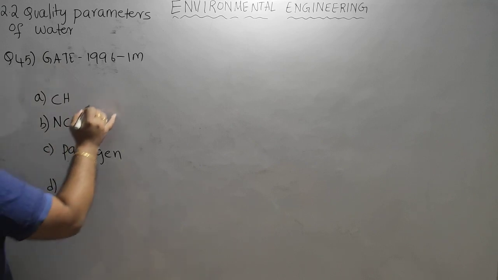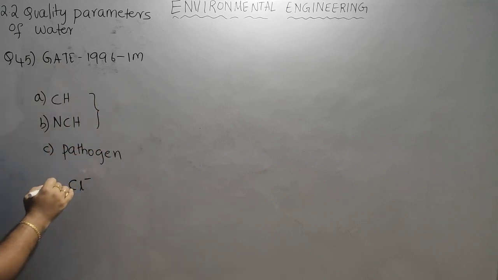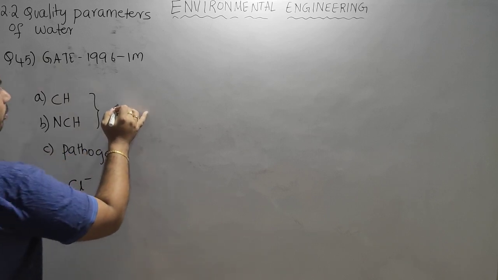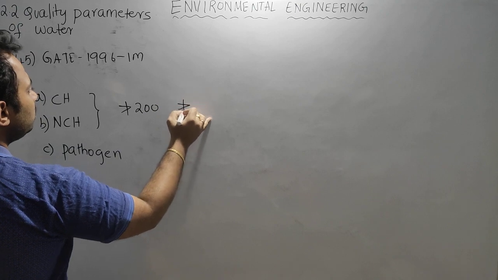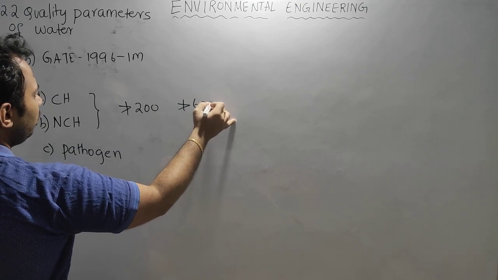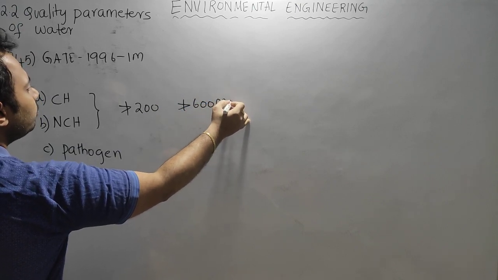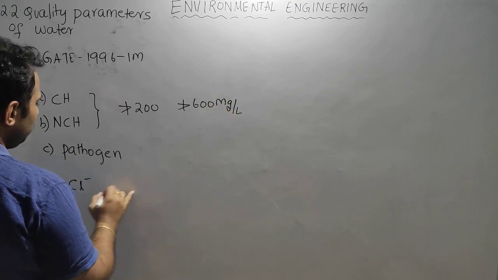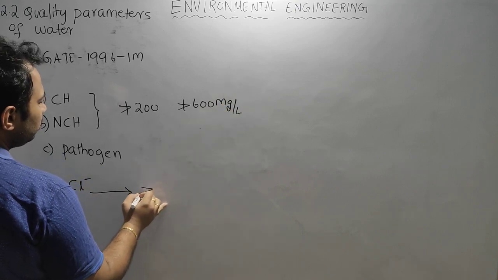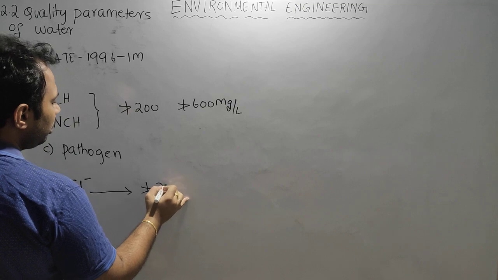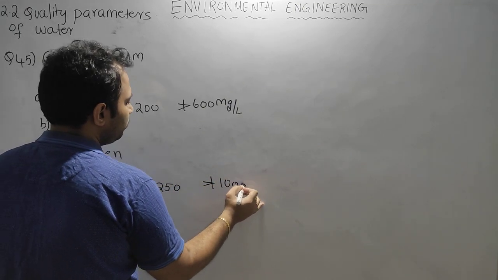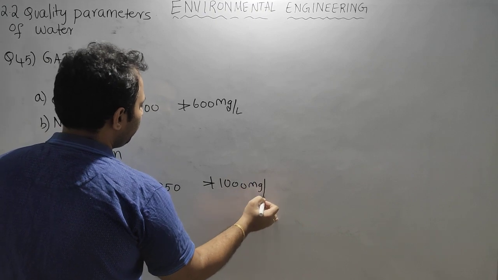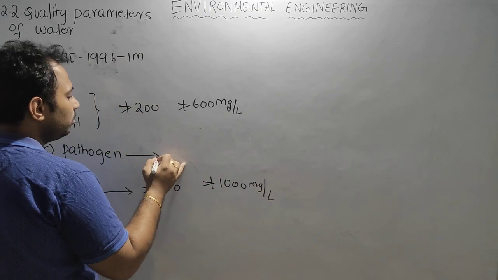Let us see. So these both come under hardness. Hardness is having a limit, should not be more than 200, and it should not be more than 600 if an alternative source is not available. Okay. So this is the limit of this. Chloride also, the limit is 250 mg per liter and it should not be more than 1000 mg per liter. Whereas the limit for this third option is nil.